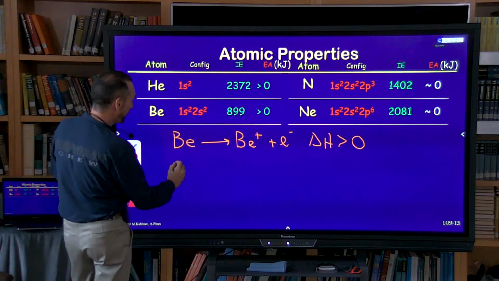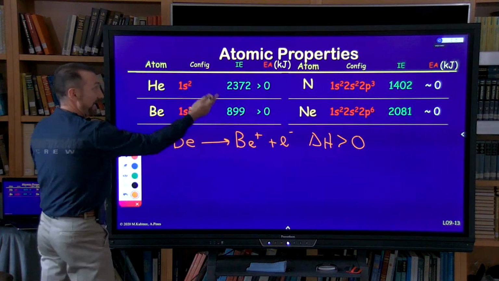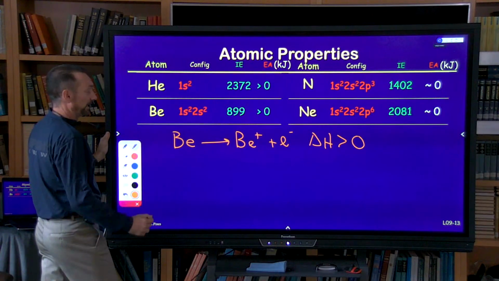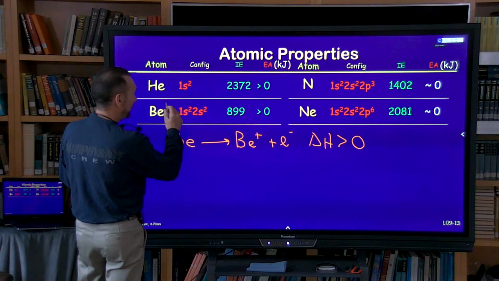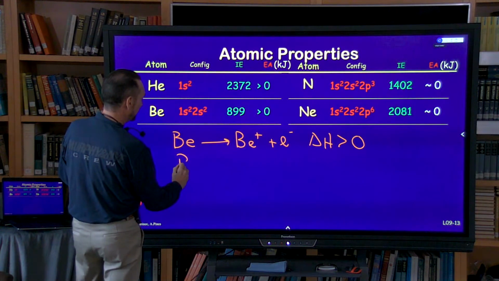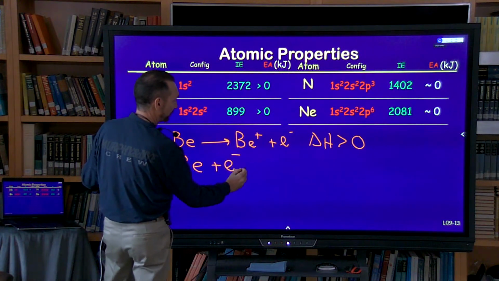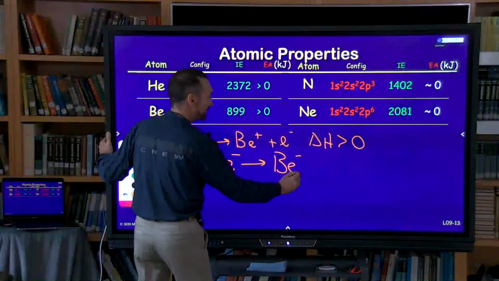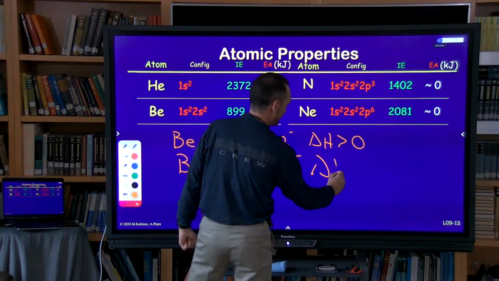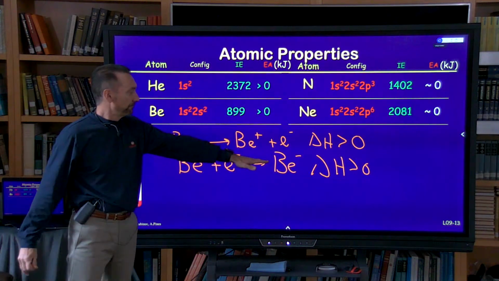But we also saw here for the beryllium, and this could be any of the elements that I've left here, that if you take beryllium, the neutral element, and you add an electron and go to Be minus, that's also slightly endothermic.